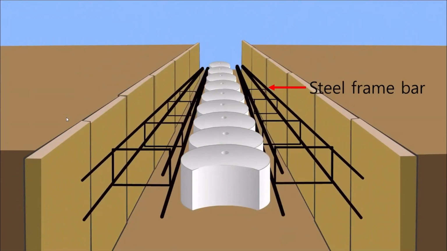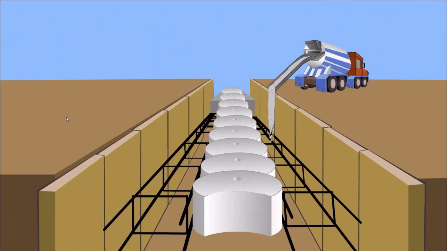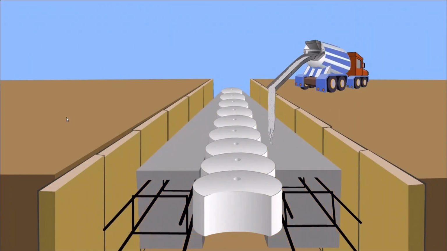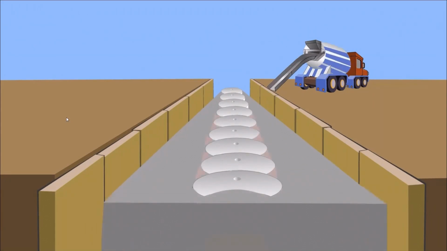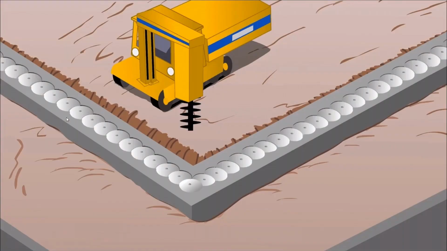Next, set the steel bar to reinforce concrete. Next, pour concrete to make the guide wall. Next, make the second pile wall.